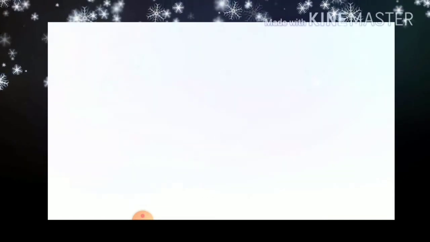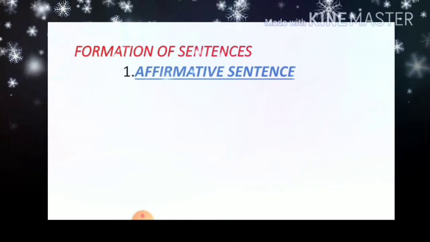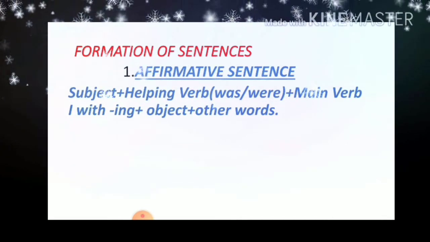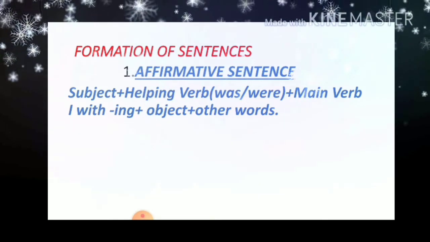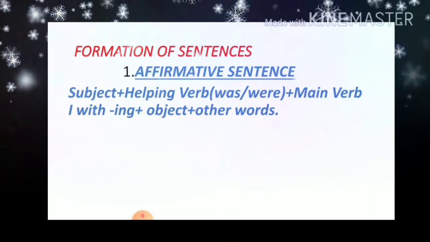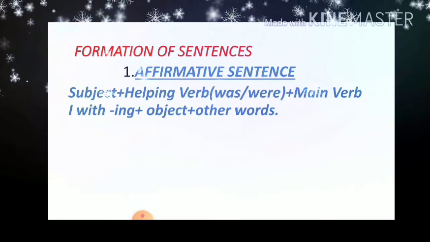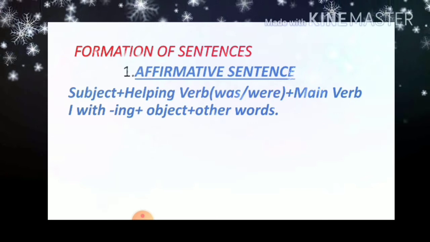Okay, now let's start with the formation of sentences. This is the next topic, and in this topic we start with the first part, that is the affirmative sentence. This is the structure of the sentence as given below: subject plus was or were. This is the helping verb, after that the main verb with the ing form, the first form, then object and other words.